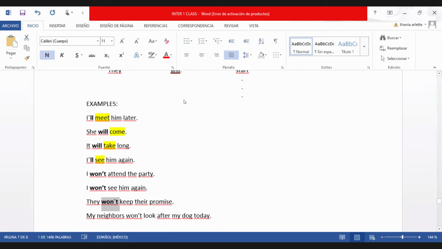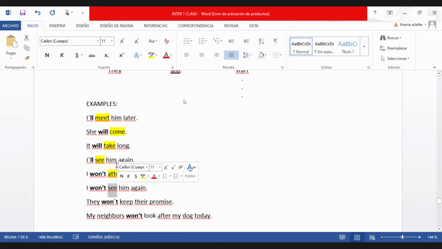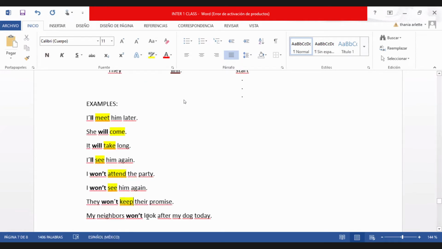And my neighbors won't. Then we continue with the verb in infinitive. Attend, see, keep. We have used different verbs here. Look after, that is take care. Meet, come, take, see, attend, keep, look after, whatever we want.